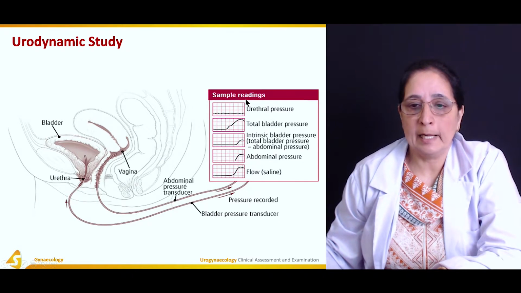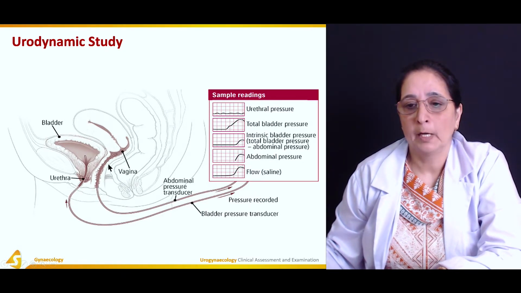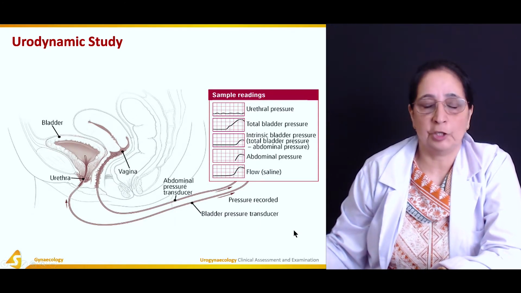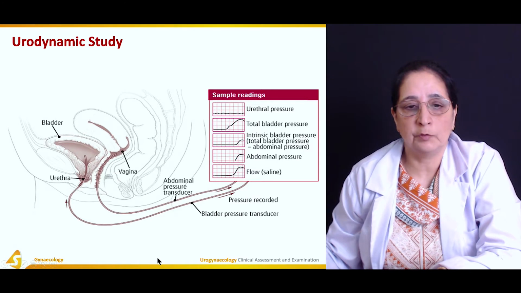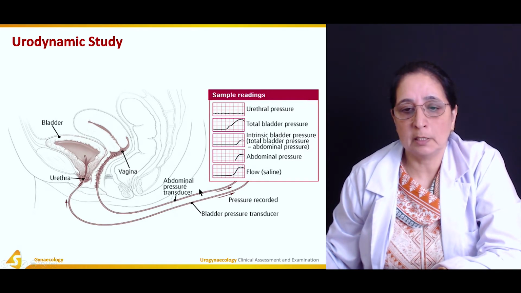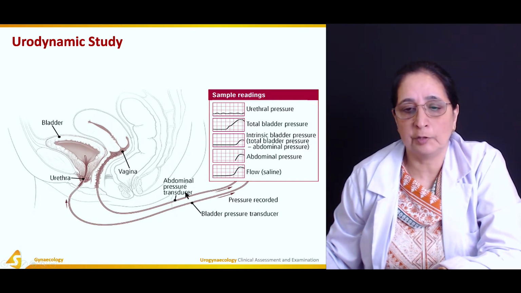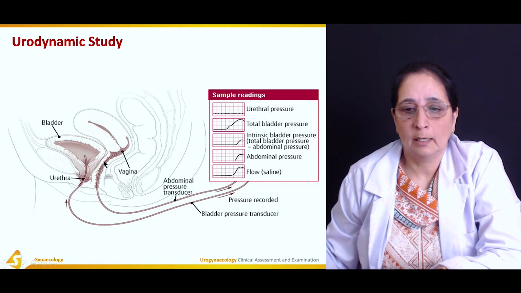Then urodynamic study. Urodynamic study is performed to find out the pressure in the bladder and in the urethra. Here, if you see, the abdominal pressure transducer is inserted into the vagina.